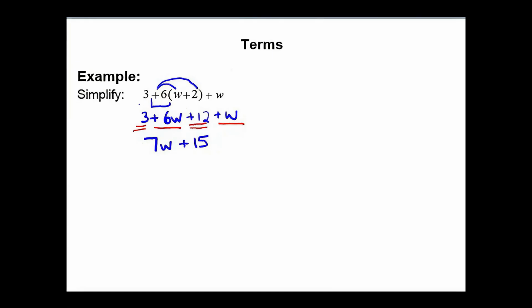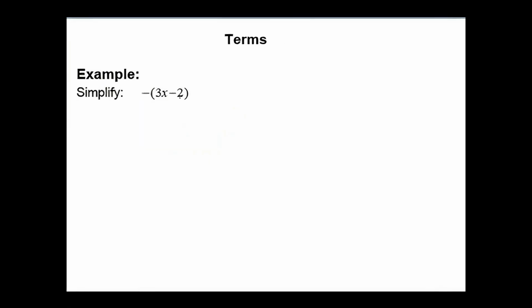Multiplication goes before addition. This problem is a little bit tricky, but there are two ways you can think of it. You can think of it as take the opposite of everything inside. Opposite of 3x would be negative 3x. Opposite of a negative 2 will be a positive 2.